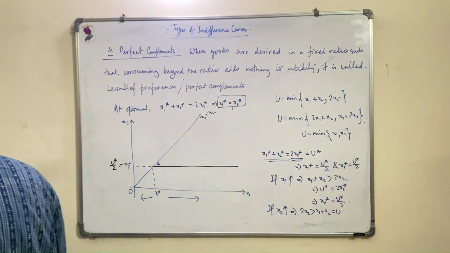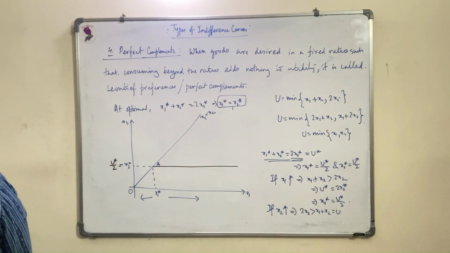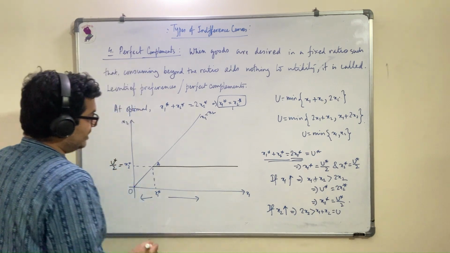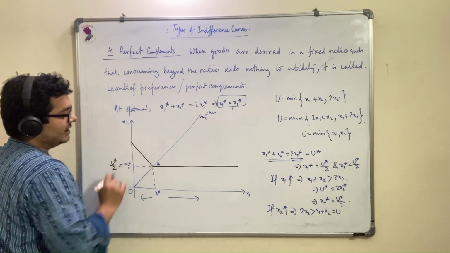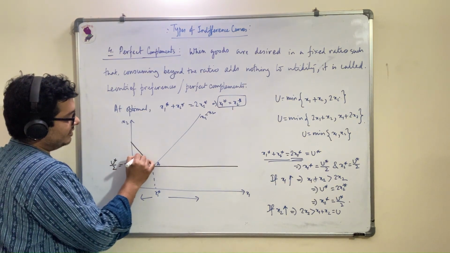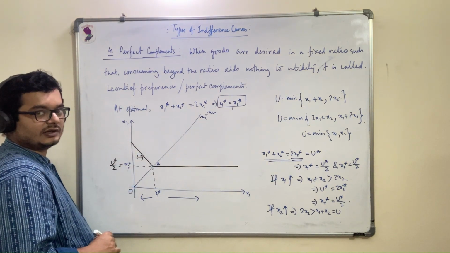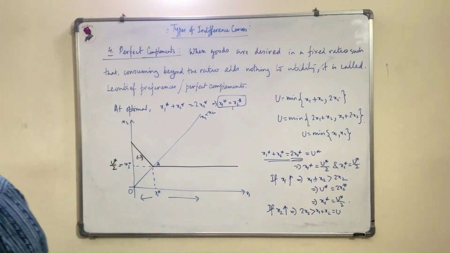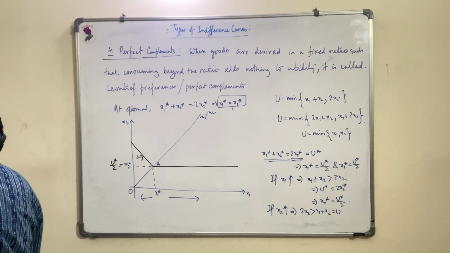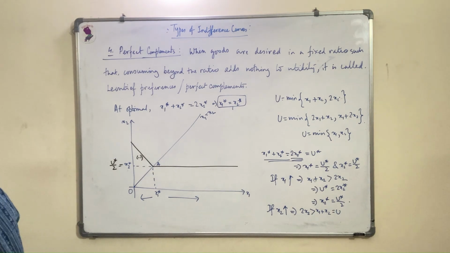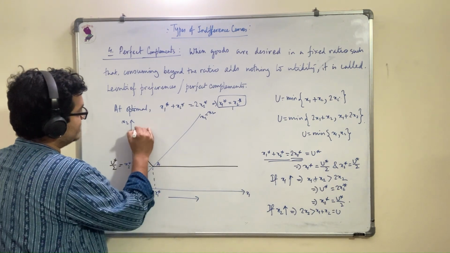And how will that look? It will be a line like this with a slope of -1. So now you have got one typical IC and all the other ICs will be parallel to it. So you can simply draw like this.